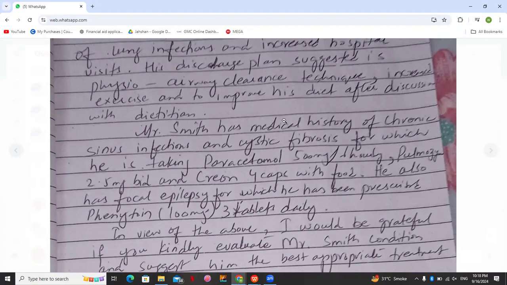His discharge plan includes airway clearance, along with increased exercise, and modification of diet. That's it.